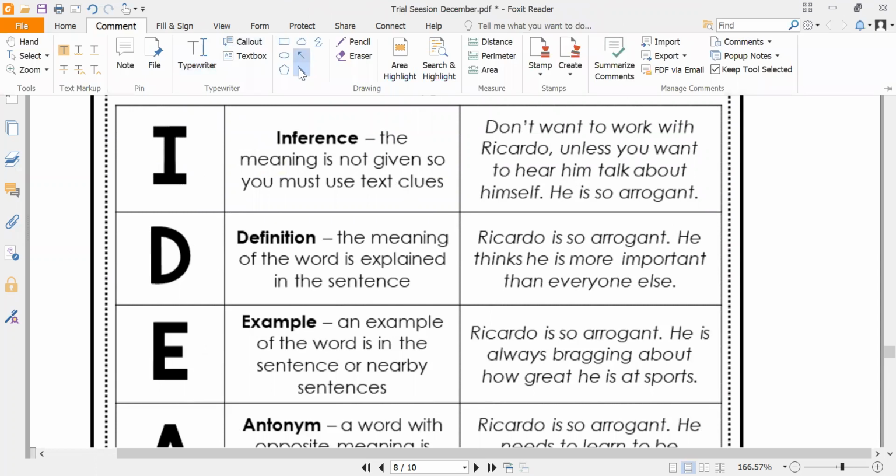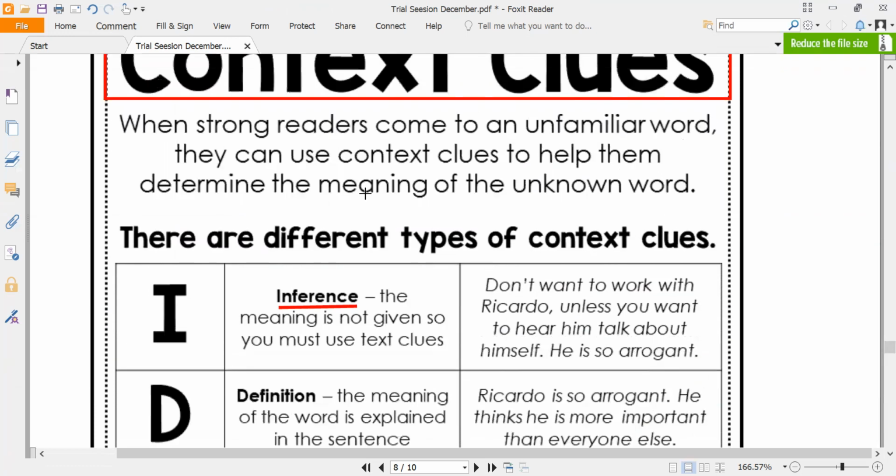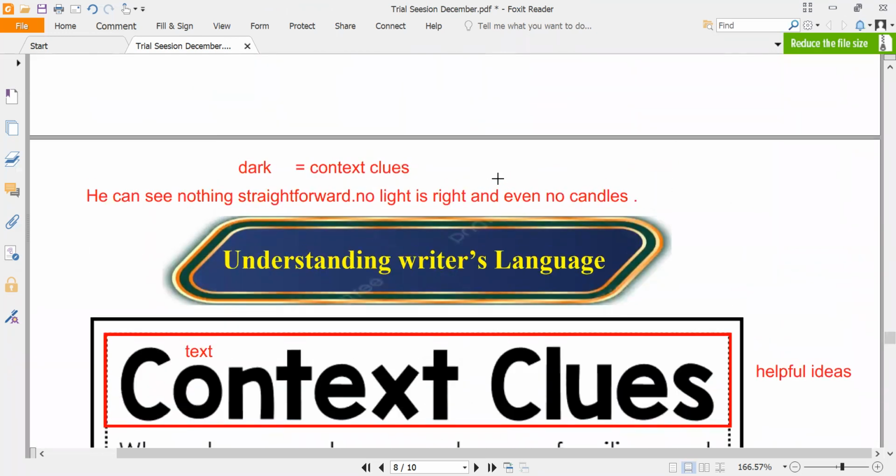Inference means what? Inference comes from the word infer, I-N-F-E-R. Inference means the meaning is not given, so you must use the text clues, same as this example. There is no clear meaning that it's dark, but I used inference.